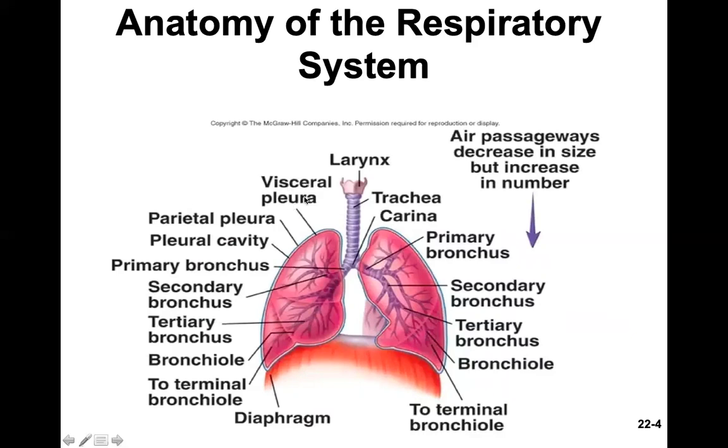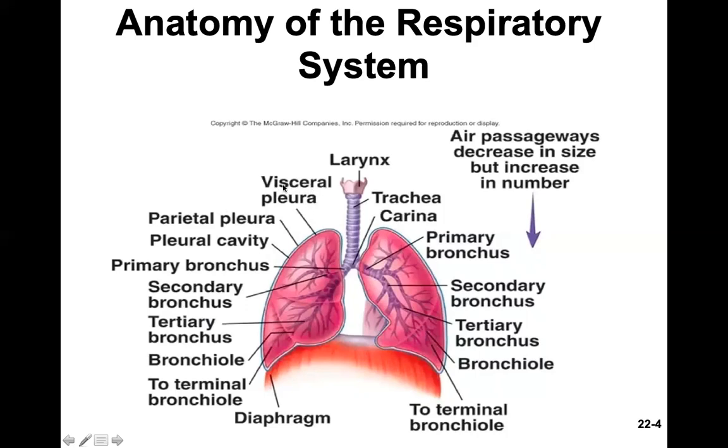Remember that your pleura, when we talked about tissues at the beginning of A&P1, we talked about pleura as the skin, so to speak, that covers your organs. This in particular is respiratory pleura. So you have two different types of pleura, as with most pleura. You have visceral and parietal.